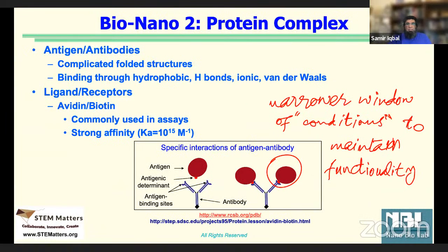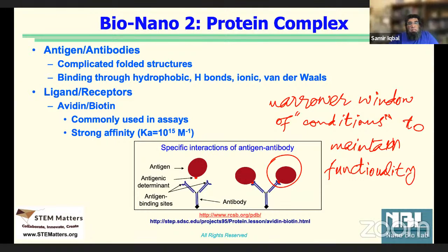So antigen and antibodies, right? Antigen is a foreign thing, and antibody is what the living system produces. So they have inbuilt specificity because antibodies are meant to go and counter them, bind them and neutralize them, because they come from the outside world.